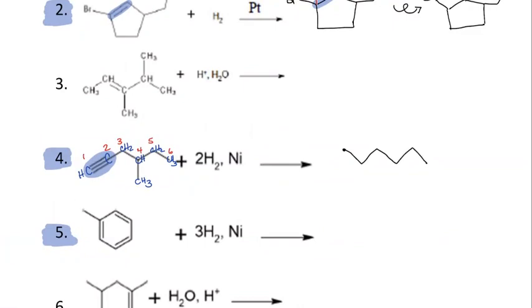That CH3 is down here. And overall, in this instance, we're going to add 4 hydrogens in the carbon-carbon triple bond. So this carbon, let me actually number it.